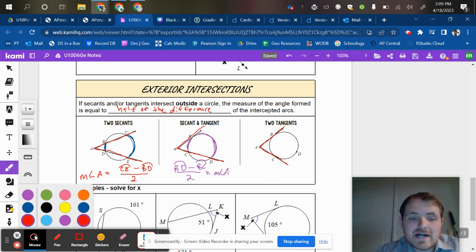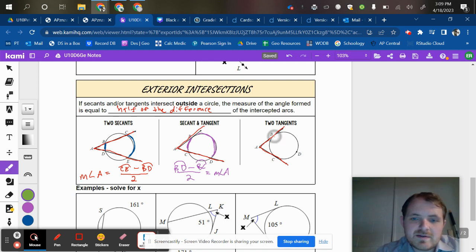And then the last one, which I think is the most beautiful part of this. I just really like it. This big guy out there, that BDC, again, it's a major arc because it's larger than 180, minus BC is all going to get divided by 2 to equal angle A.